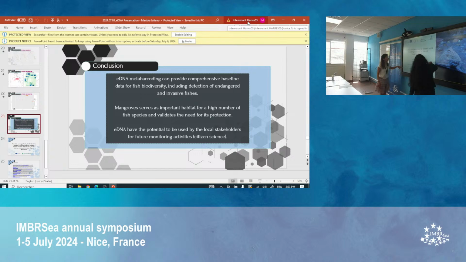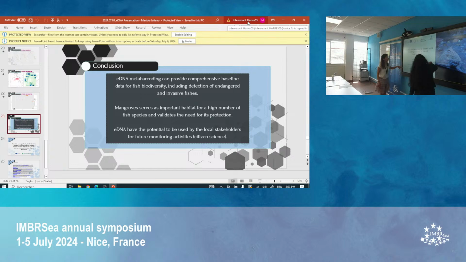Did you use cocktail primers? I used MiFish 12S. But only one pair of primers? Or did you separate the PCR, or in the first PCR put everything together? Yes, one pair of primers, not a cocktail. And you put two primers, or 2 pairs of primers? 2 primers, forward and reverse.